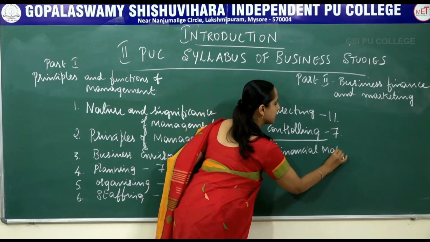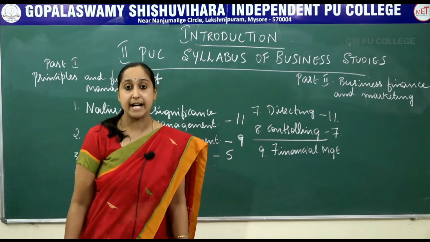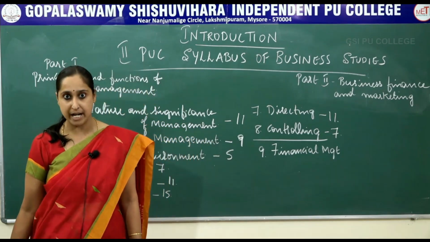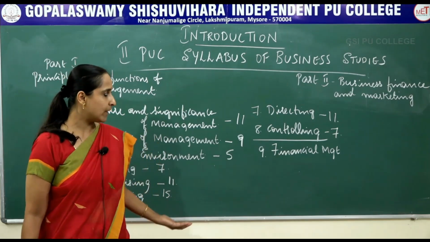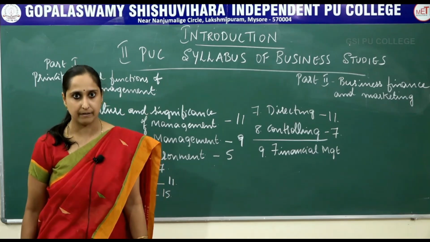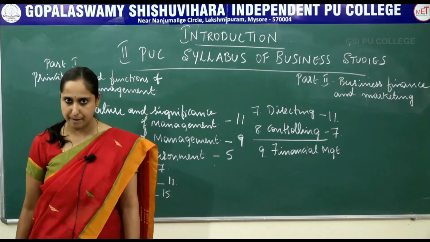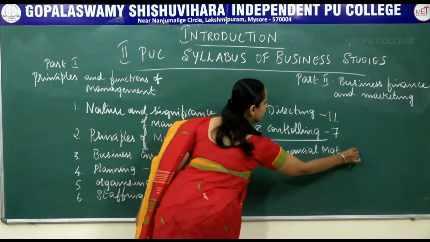Financial management gives us an idea how finance is managed, how financial planning is made and how financial decisions are taken. And also in this chapter we learn about fixed capital requirements and working capital requirements. So total marks allotted to this chapter is 11 marks.